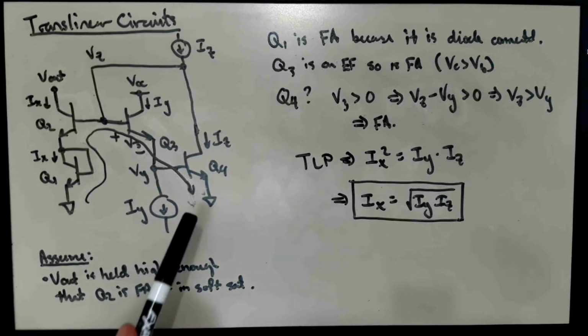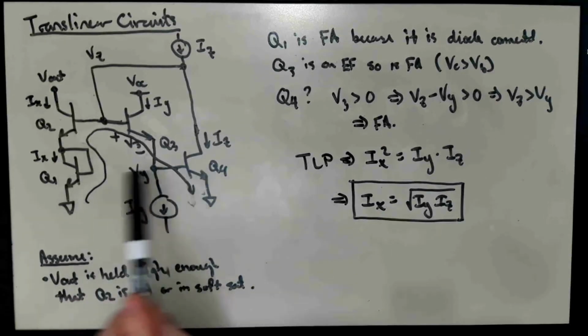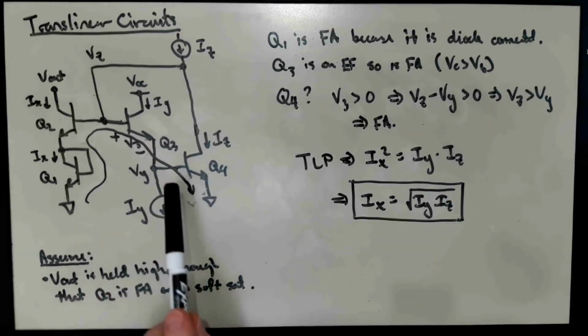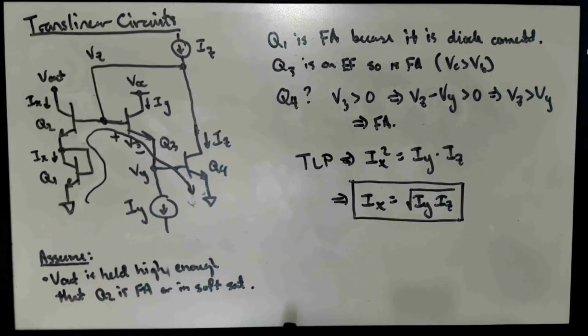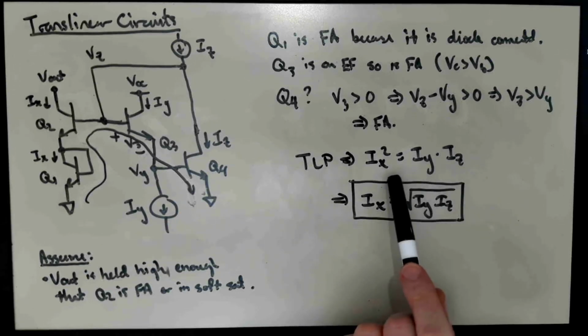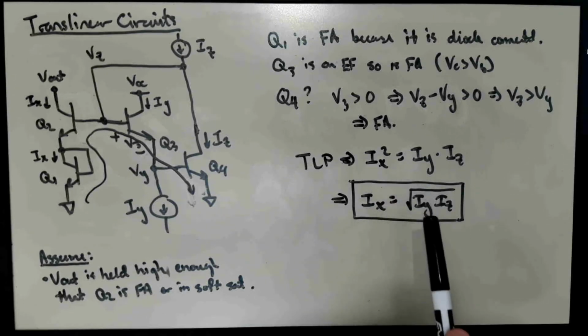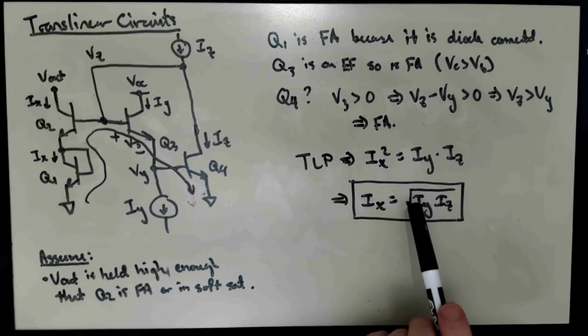So the very same circuit, depending on where we choose to put the inputs and where we choose to put the feedback connections, can implement different relationships, and they're all based on the same translinear principle expression or the same translinear loop equation, just solving it for different variables.